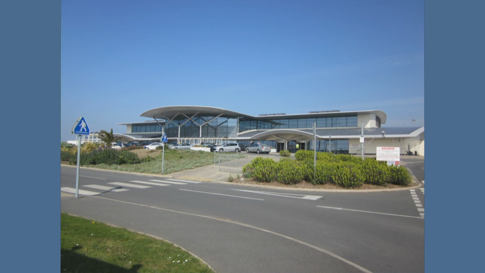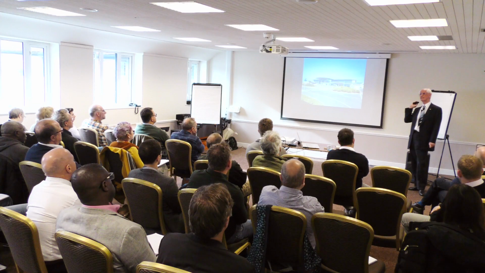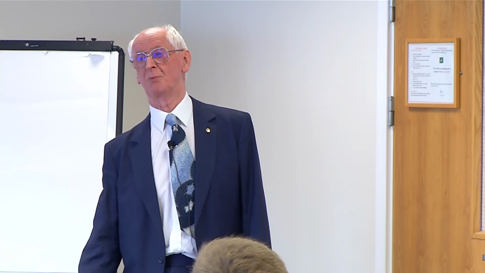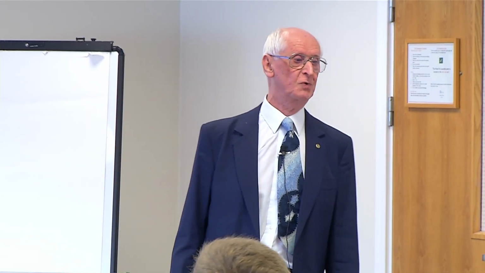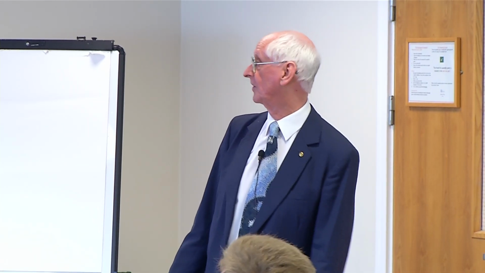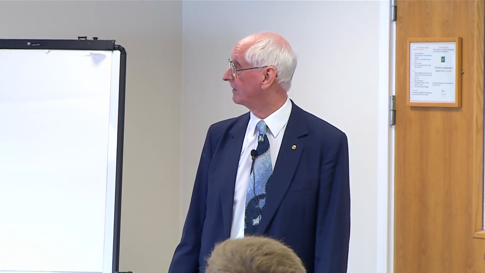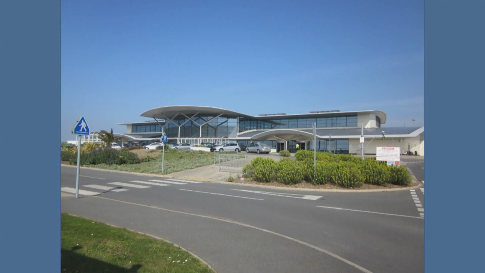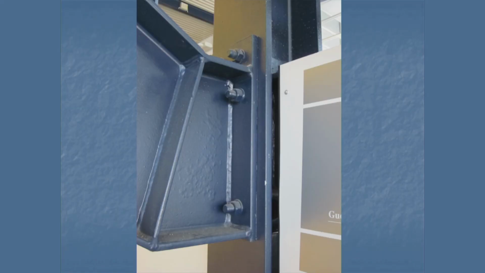This is a nice building. Does anyone know where this is? No? This is the brand new, highly expensive prestige airport terminal on the island of Guernsey in the Channel Islands. They spent a fortune on this, but when you go inside and look at the staircases, because there's a staircase that goes up to the upper level, you look at the bolts and you think, that's a bit strange.